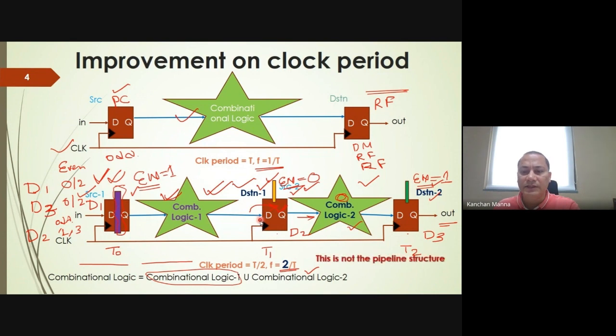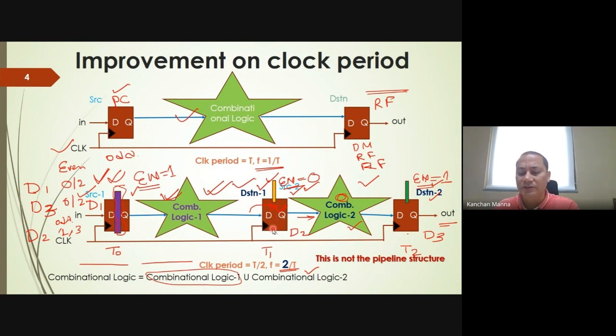Also remember, this is not the pipeline one. Why? Because in a pipelined data path, there would be a continuous flow of input to the data path. This is the general principle to minimize the clock period for any kind of digital design.